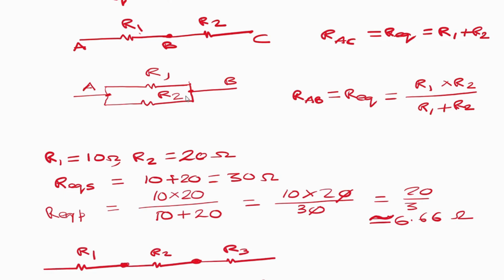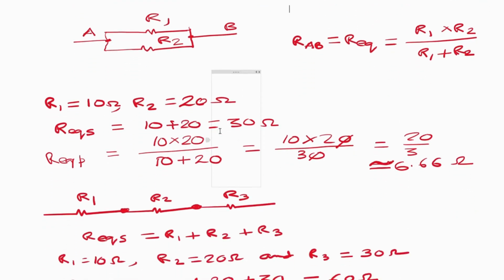If we are considering two resistors, R1 equals 10 ohms and R2 equals, for example, 20 ohms, what will be the series resistance of R1 and R2?